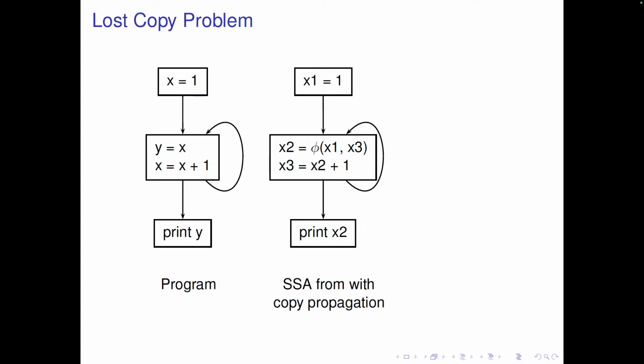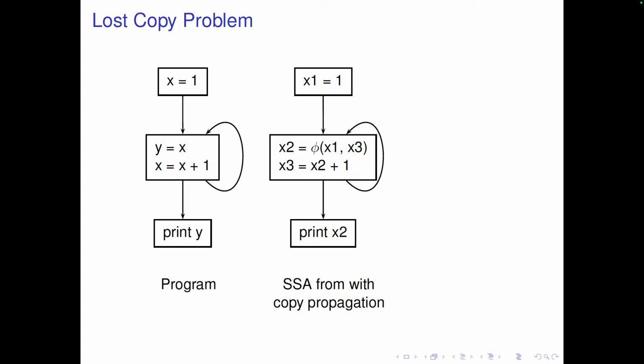That's how we do it. And you have to move x2 equal to x3 here on this edge. Now this phi can be removed.